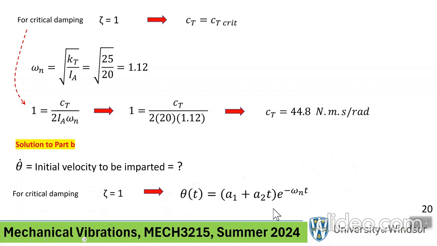Please go and check your formula. You may not see theta there, you may see x, but this is not a translational motion, this is rotational motion, therefore write theta equal to this. This is on your slides. Written here again. Well, first of all, we are opening it from the equilibrium position, which means the initial angle is 0.